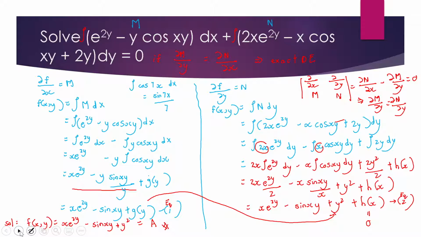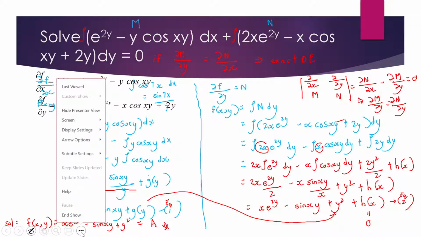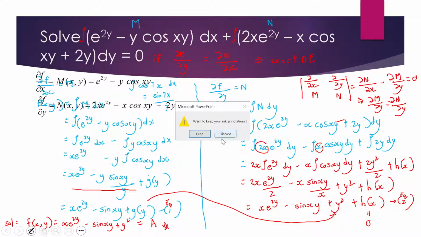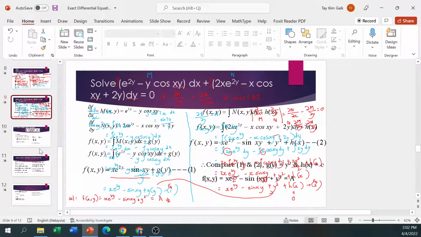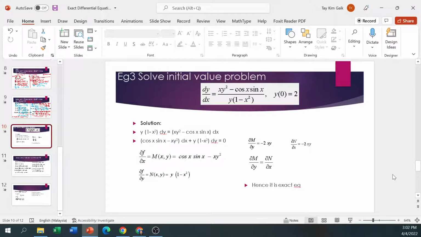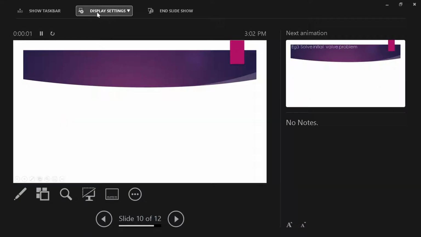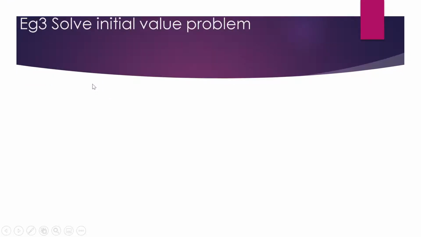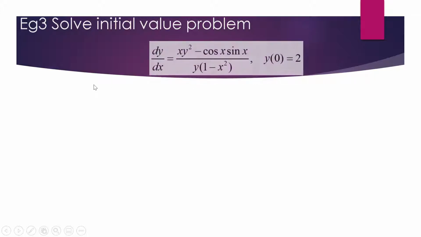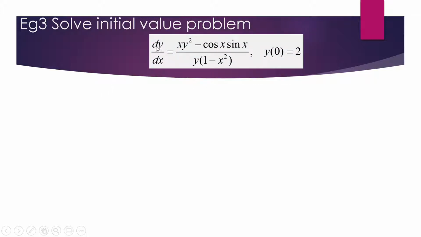Okay, we go to the third example. Given dy dx equal to (xy squared minus cos x sin x) over y(1 minus x squared), and y(0) equal to 2.